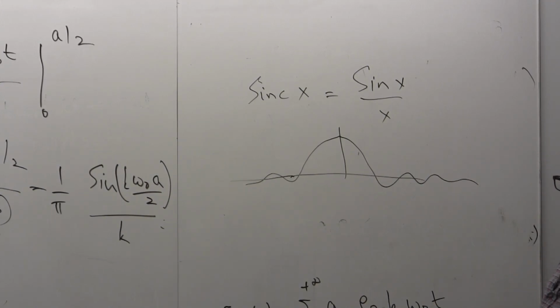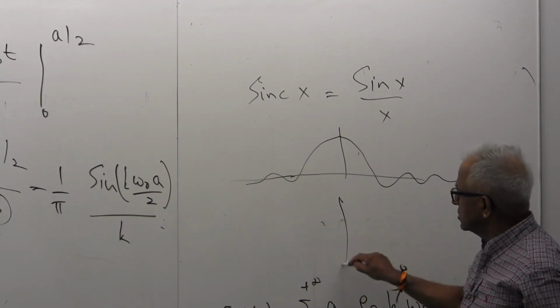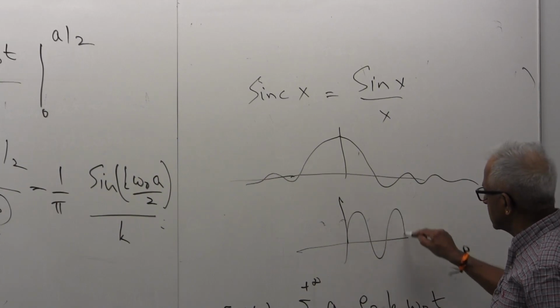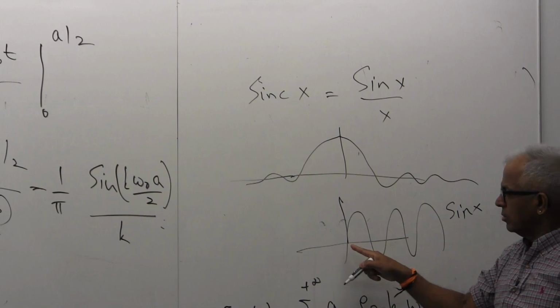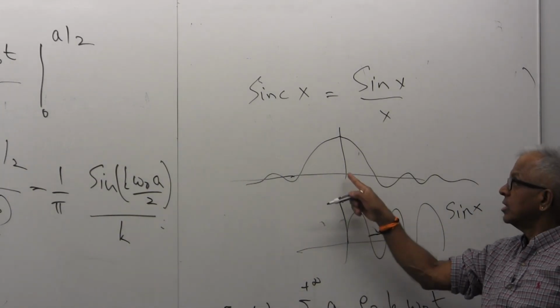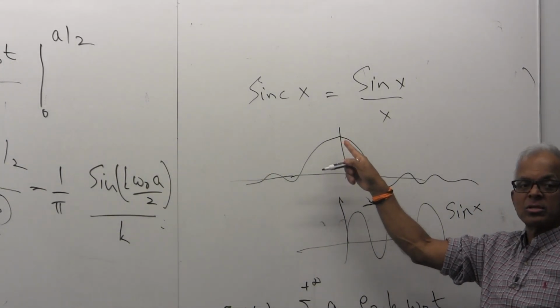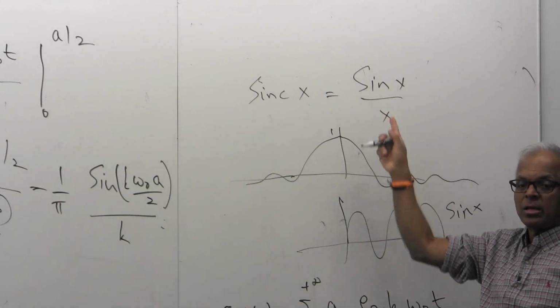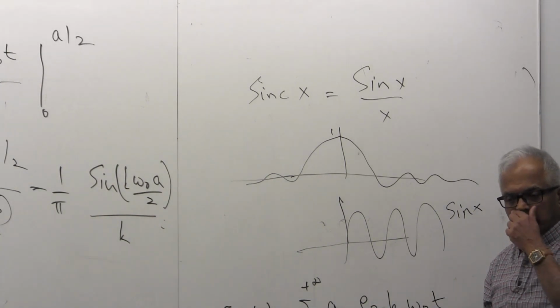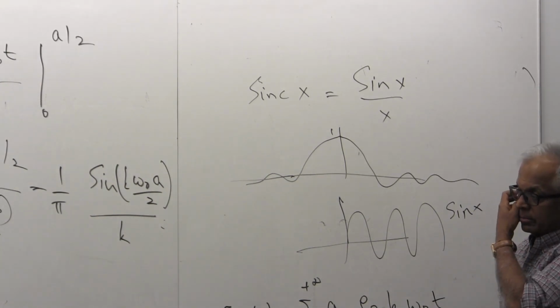Sinc x is sin x over x. Sine goes like this. This is sin x. Look at the origin value. Sine 0 is 0. Sinc 0 is 1, right? Why is that? Because you can take the limit using L'Hospital's rule or whatever.